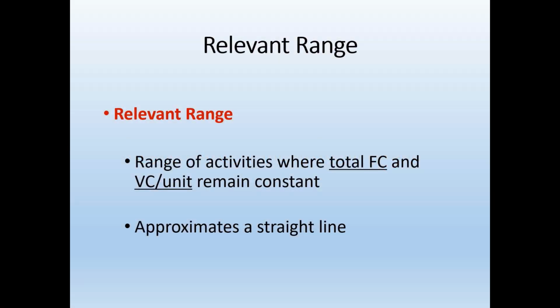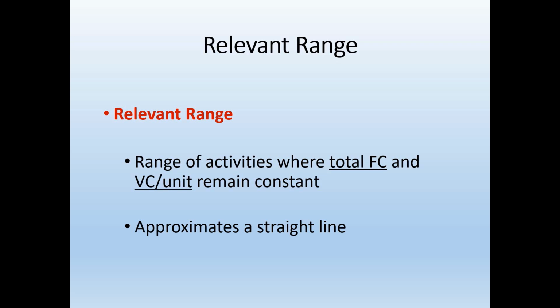Another important concept to understand how costs behave is the idea of a firm's relevant range. That is, the range of likely activity levels for that particular firm. In the relevant range, the fixed costs are going to remain fixed.